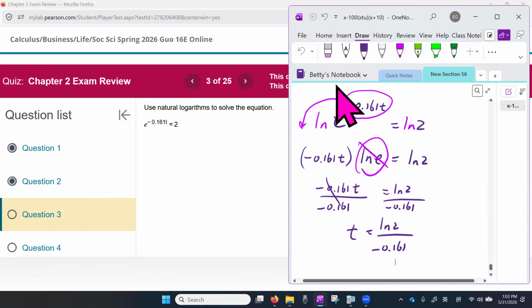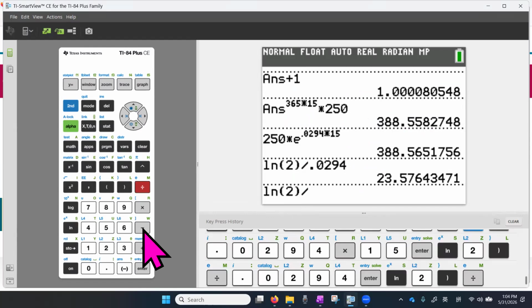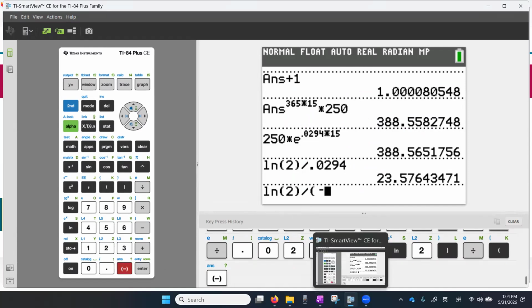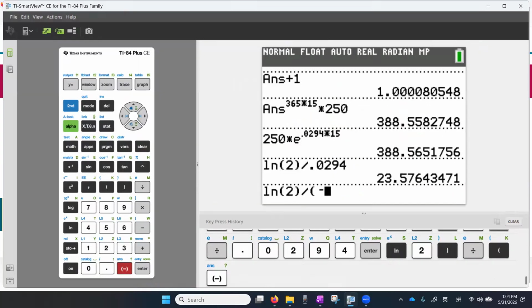So how do we put this in a calculator? We do ln 2 divided by, very important, this is not a subtraction, okay? If you want to enter negative, you do it in parentheses: negative 0.161.